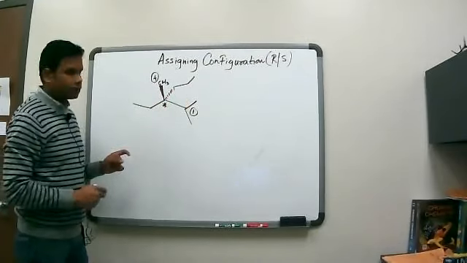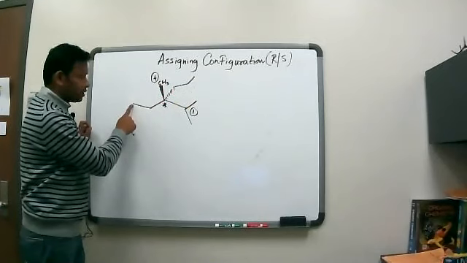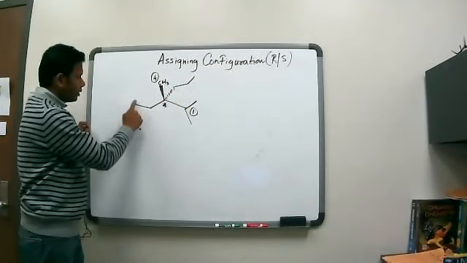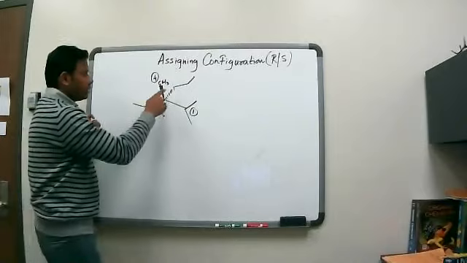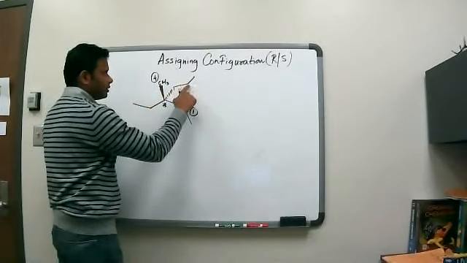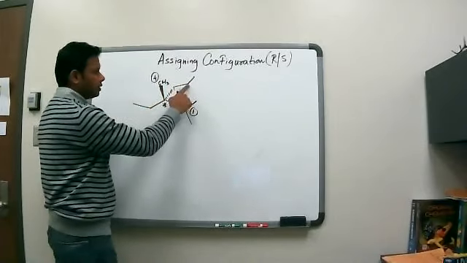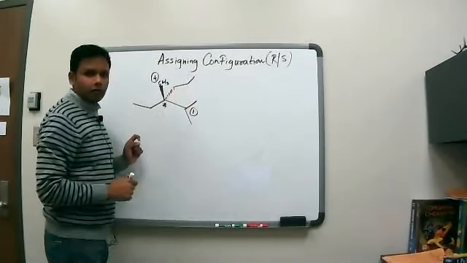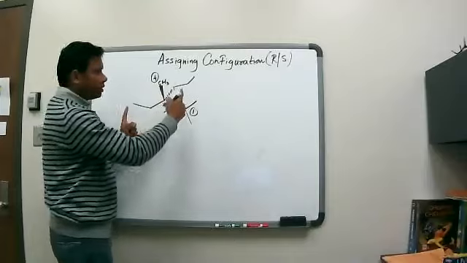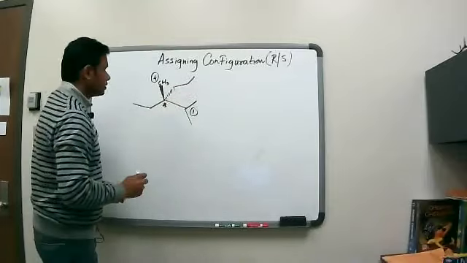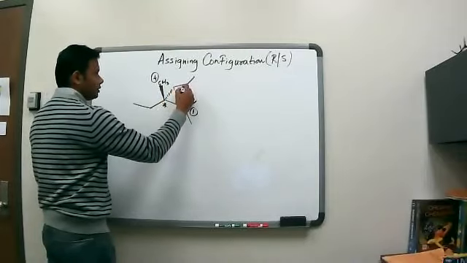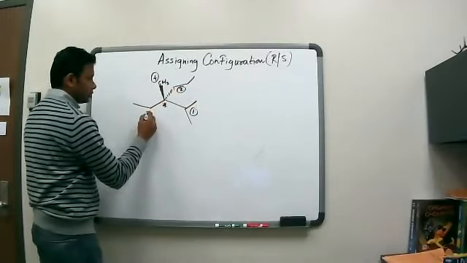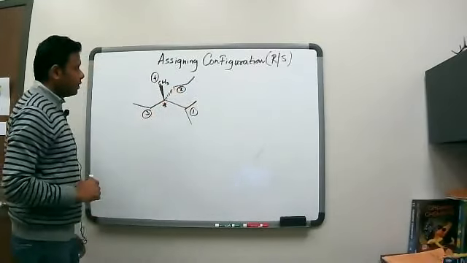Now this carbon is connected to 3 hydrogen atoms, but the next carbon in that chain is connected to 2 hydrogens and a carbon atom. So now we can distinguish these two, and it turns out that this should be 2 and this should be 3.